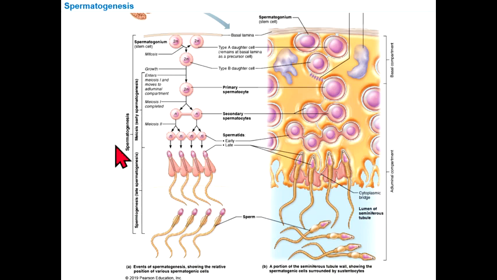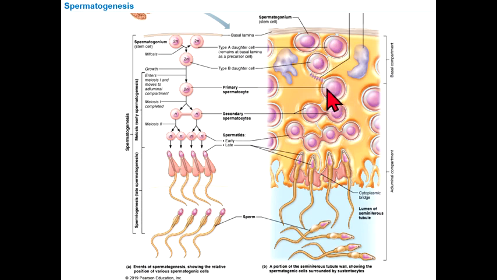So careful with some of this terminology. A lot of terms sound similar to each other, like spermatogonium, spermatocytes, primary and secondary, spermatids. A lot of confusing or easily confused terms. And we can see how, as this process occurs, it moves through the seminiferous tubule, the spermatogonium, right?